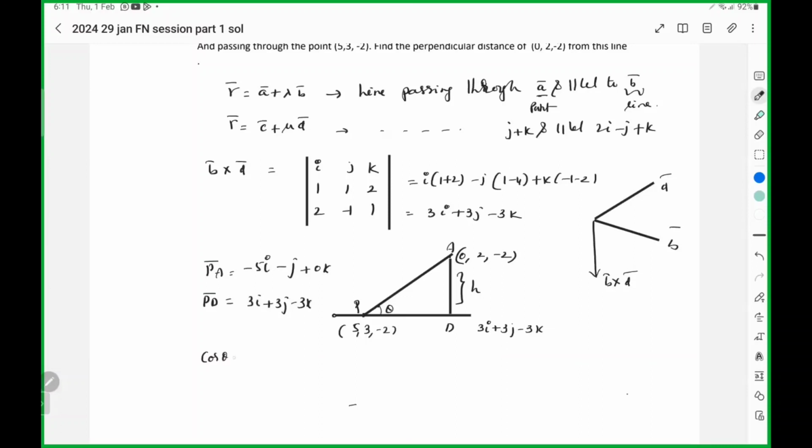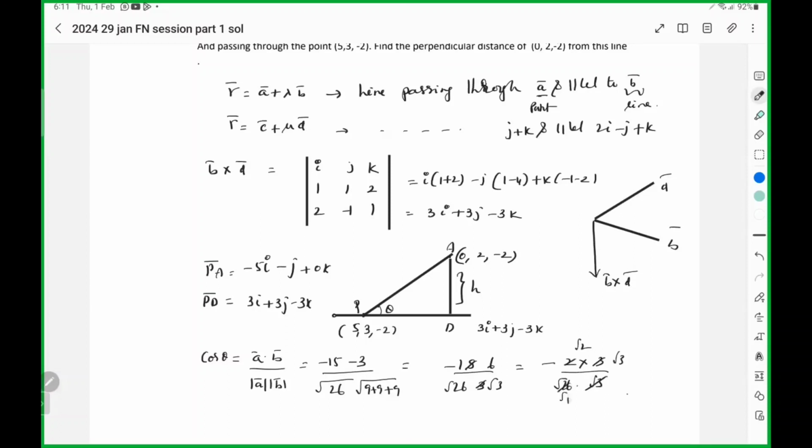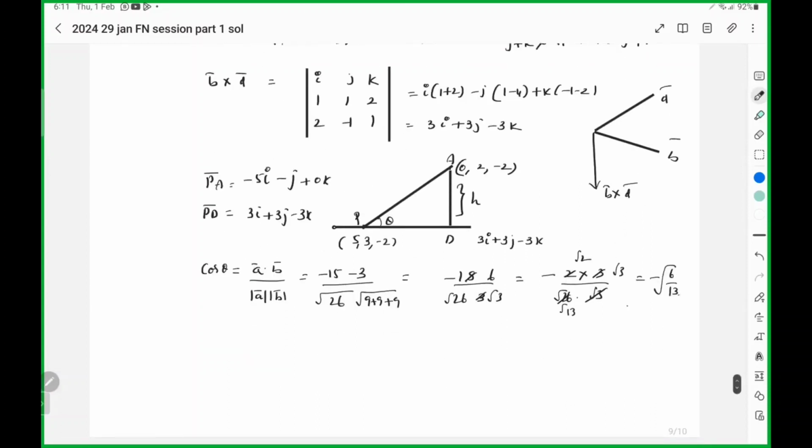Cos theta is A dot B by magnitudes: minus 15 over root 25 plus 1, root 9 plus 9 plus 9, which is 18 by root 26 root 27. So if you say acute angle, it will be positive.